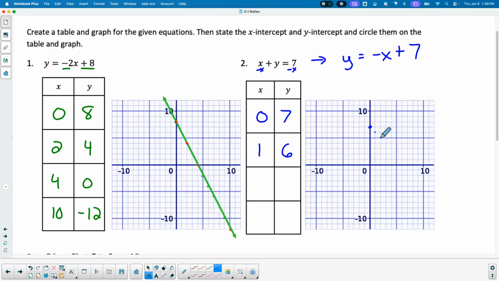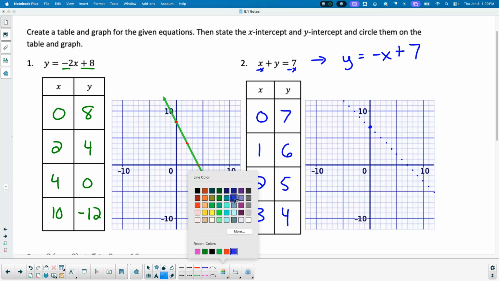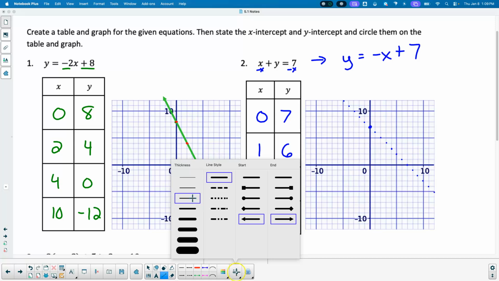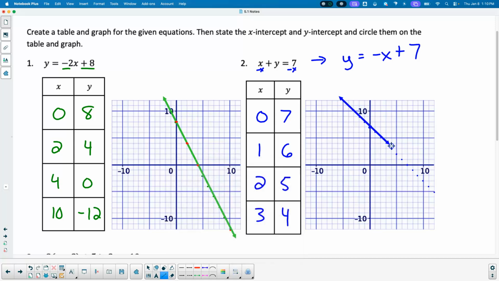Down 1 and right 1 would be the point 2, 5. Down 1 and right 1 would be the point 3, 4, and so on and so forth. And there's that one. Questions about either one of those two?